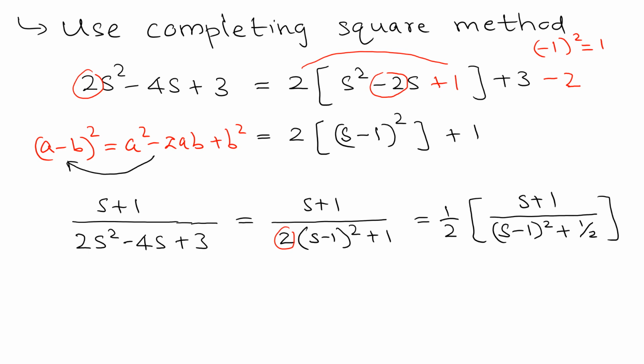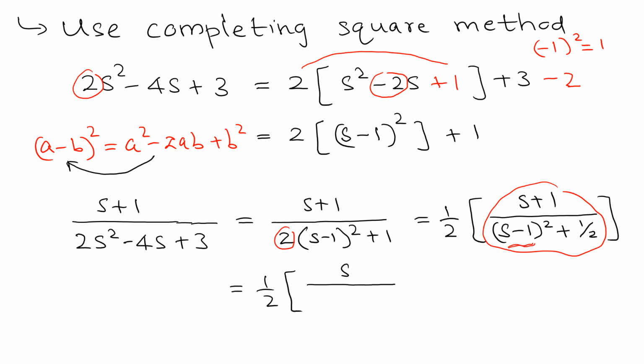Then the third step is we can split this fraction into 2 parts. Actually, before we do that, we try to do something else here. You see that the numerator is not just s, it is s minus 1.